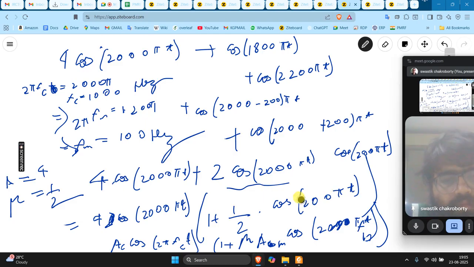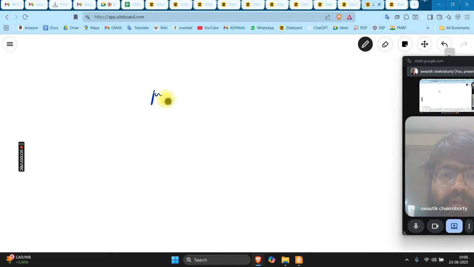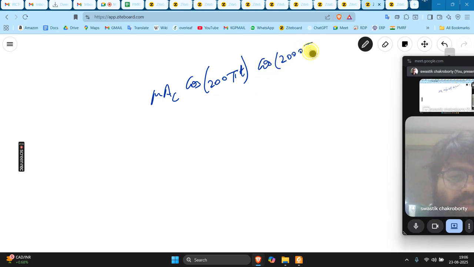It is basically composed of mu AC cos 200 pi t, which is the amplitude of the sideband cos 2000 pi t. So this is one term, and another term is the pure carrier AC cos 2000 pi t.